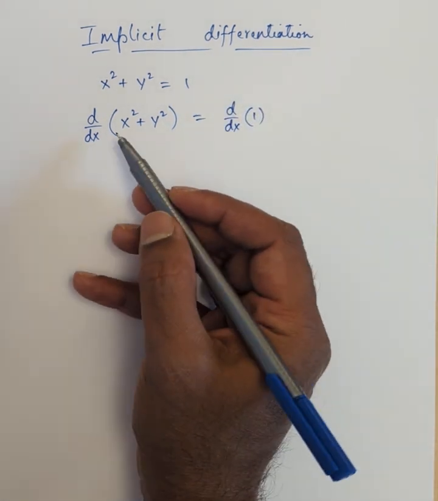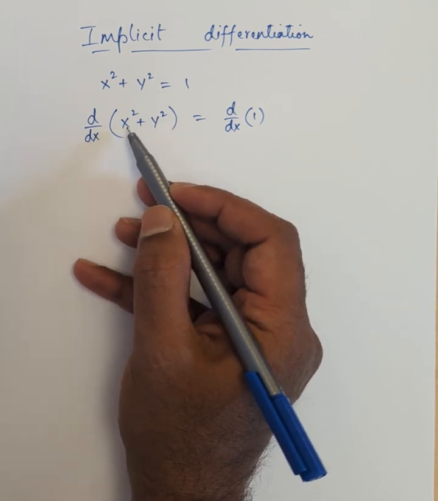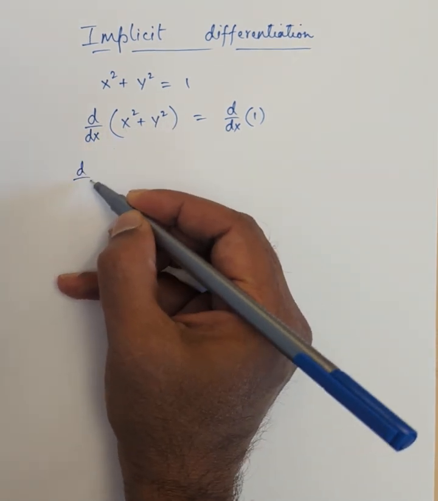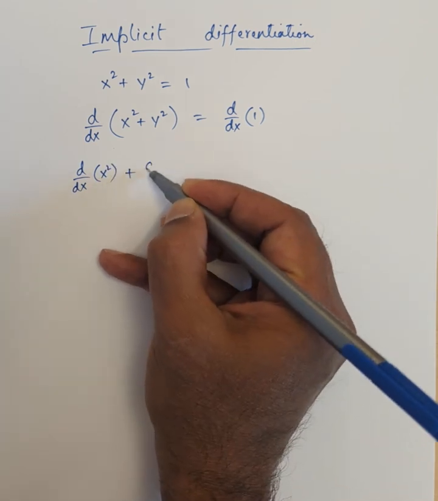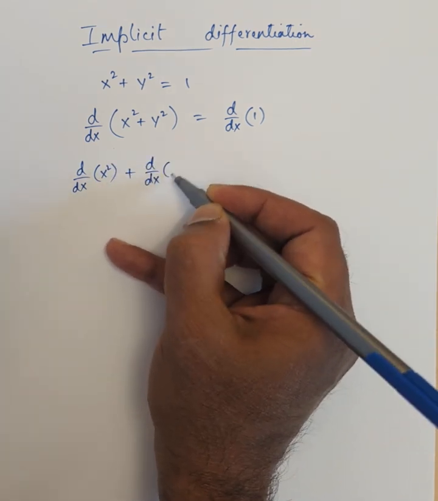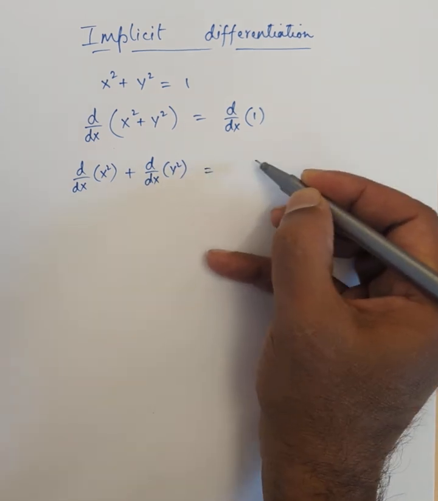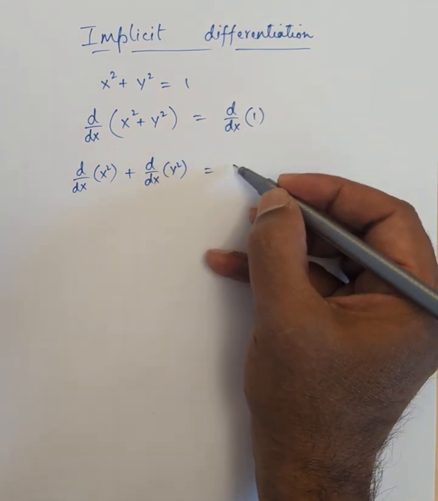Now, according to the sum rule, you can simply take the derivative of x squared plus the derivative of y squared, and the derivative of 1 is just 0.